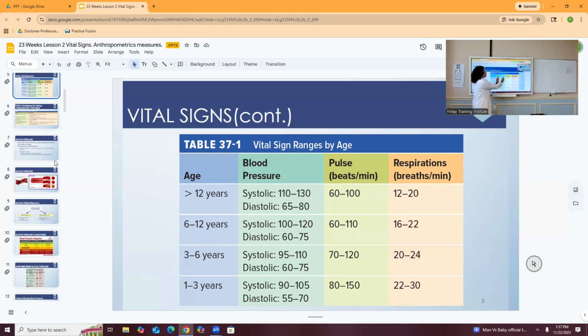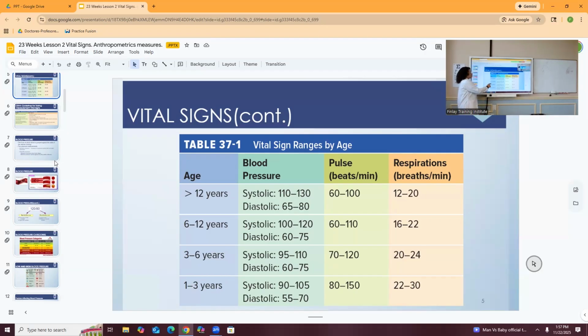So then you can see now that I am in the normal range. It doesn't mean that I'm a hypotensive patient. The pulse is going to be from 60 to 100, and the respirations go from 12 to 20.